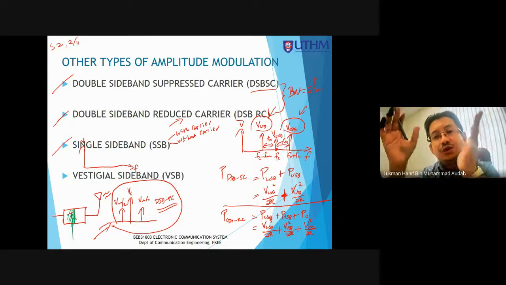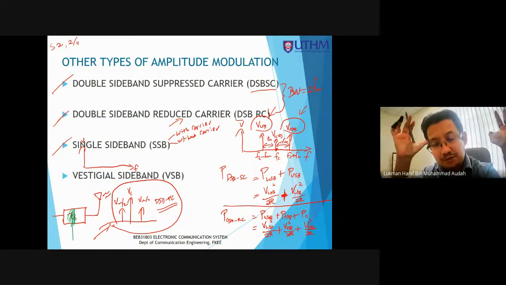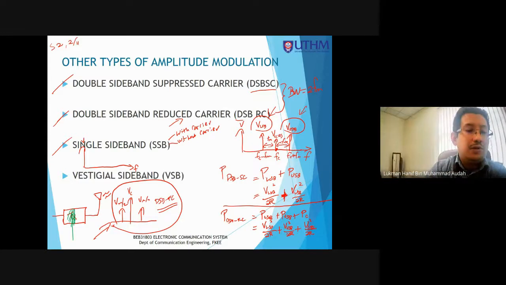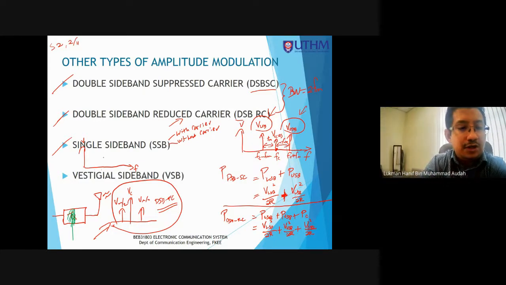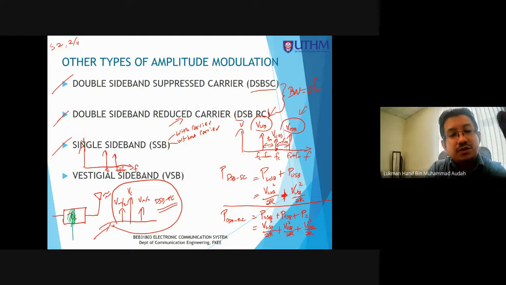Either you choose the lower sideband or the upper sideband, no problem. We can choose either one. For example, here is single sideband with carrier. So I have a carrier component at Fc, and let's say I choose the upper sideband. So this is located at Fc plus Fm. So this is single sideband with carrier.